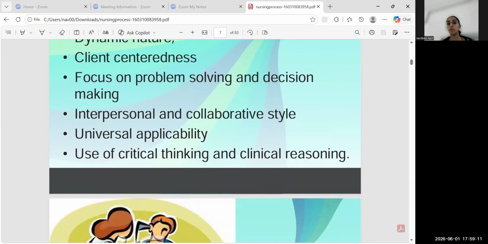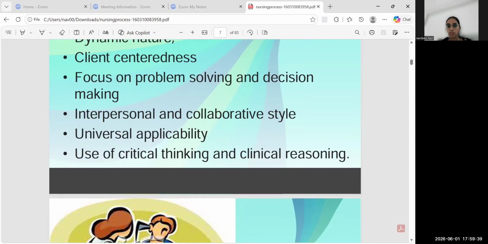For example, we take steps for solving the problems, and according to that we take steps for the patients. Next, it is an interpersonal and collaborative style, meaning we have to involve the patient also, and we have to involve the other team members or staff to improve the condition of the patient.